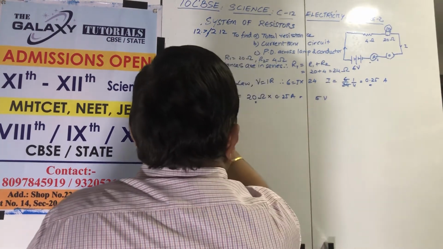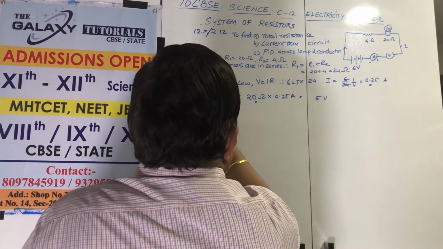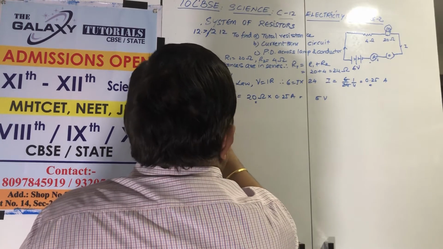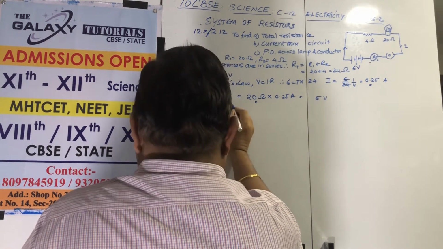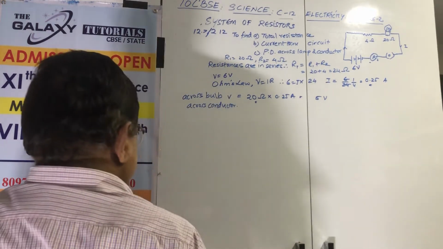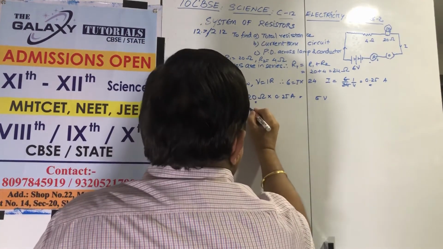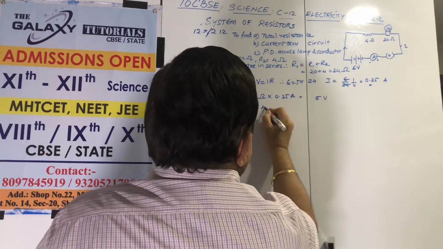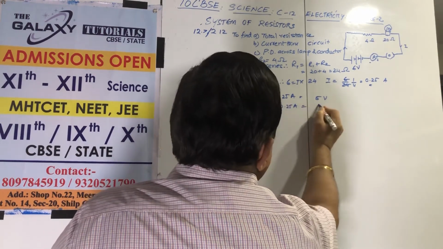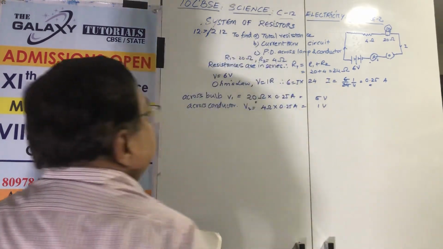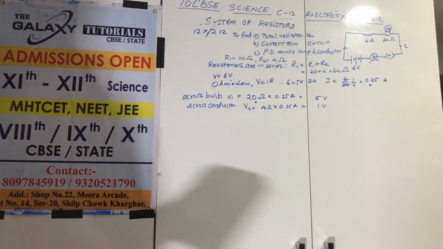So, this is across the bulb. Across the conductor, you can write V2 is 4 ohms into 0.25 amp. That is 1 volt. So this is how to find the third part of the answer.